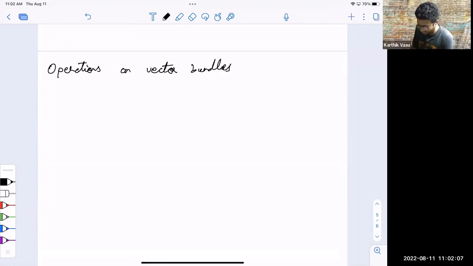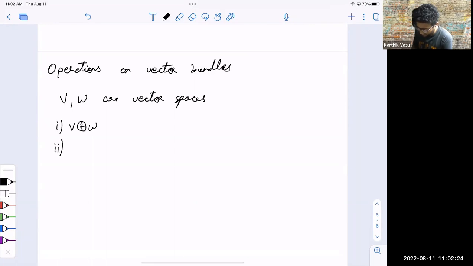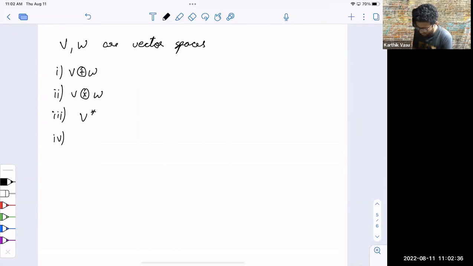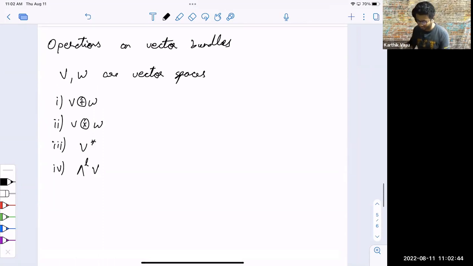If you have vector spaces V and W, then we can talk about V direct sum W, V tensor W. You can take the dual of V. You can also do a wedge product of V, whatever. So there are a lot of operations you can do on vector spaces to get new vector spaces.